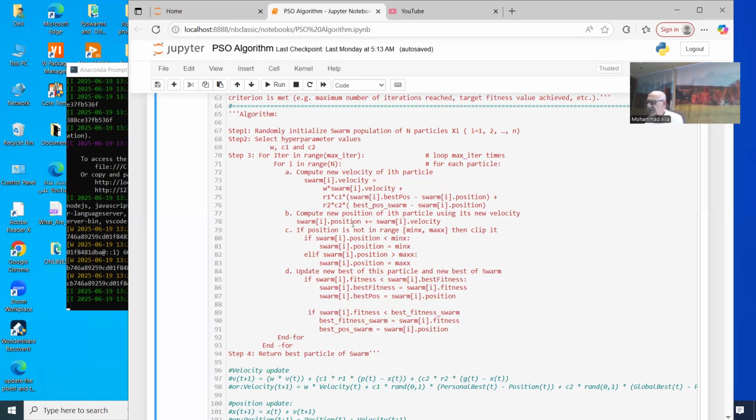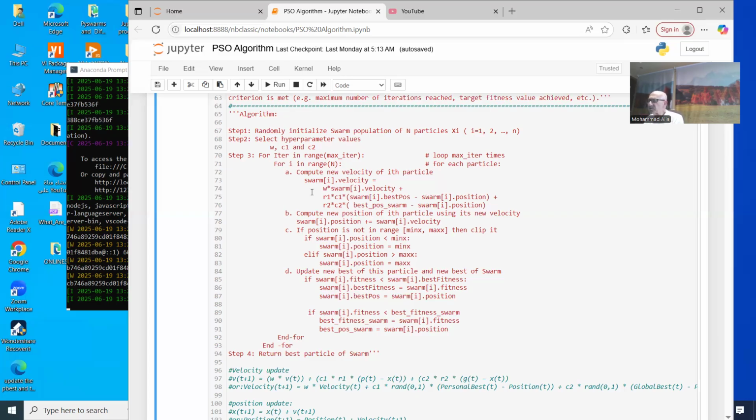The product is multiplied by the difference between the best position of the swarm, the global best of the swarm, and the current swarm position. These three components are added together and assigned to a variable called swarm of I velocity. So this is the updated velocity, as shown here.